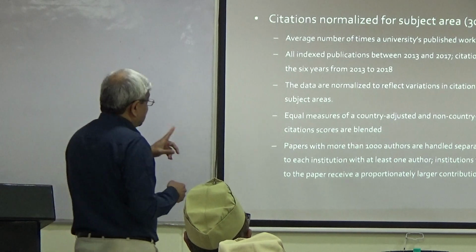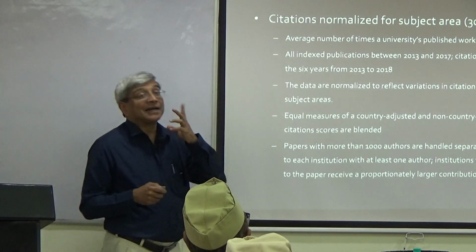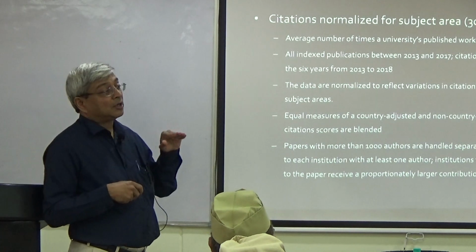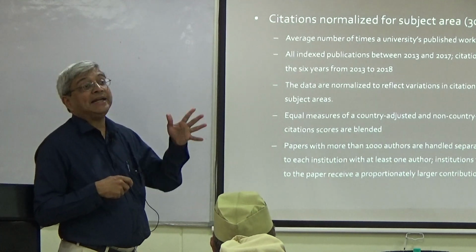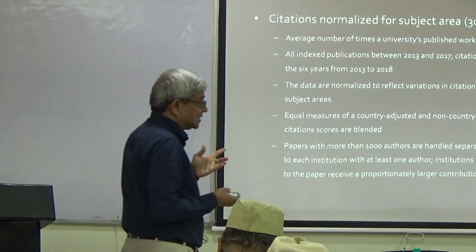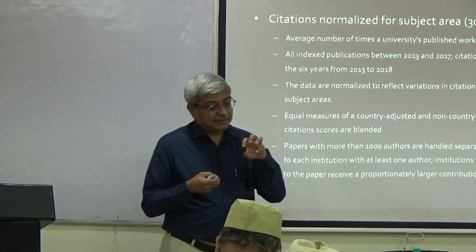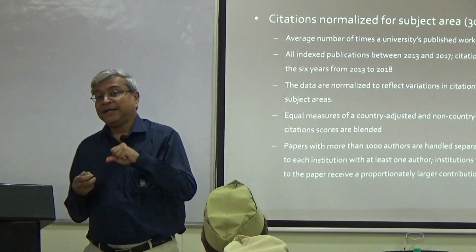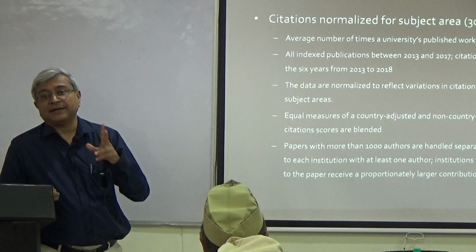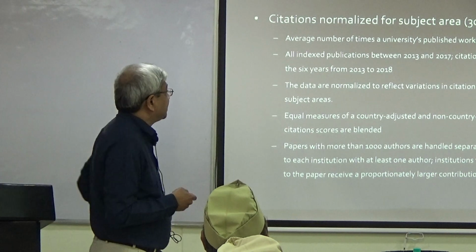And another interesting thing they did was a country-adjusted citation index. That is, India got a higher weightage compared to the US, because given that the number of researchers of Indian origin here is less, the Indian ranking gets a boost because of this country-adjusted weightage.